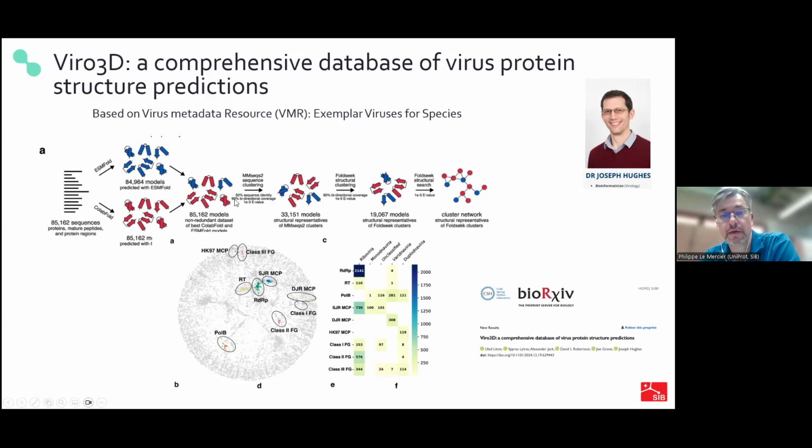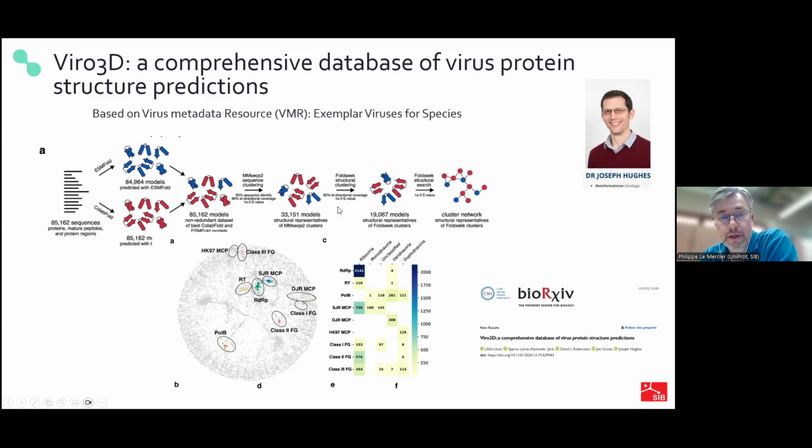And at the end of the day, they clustered all these models together. Here you have an insight of the cluster graphical representation, in which you see reverse transcriptases, class 3 fusion proteins, and so on.